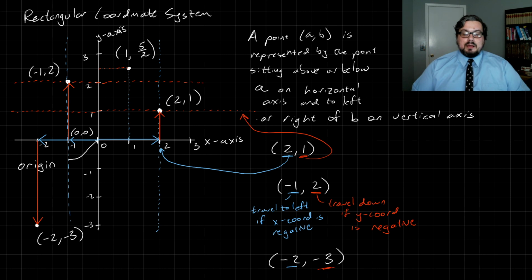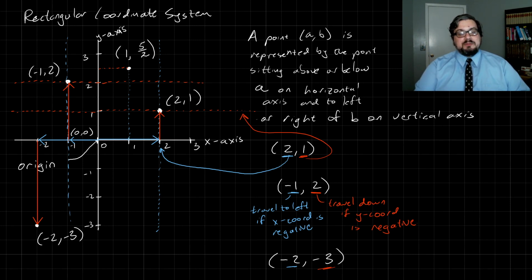Now, it's very important to remember that the coordinates of a point have an order that matters. The first coordinate is always telling you about the horizontal position of your point. The second coordinate is always telling you about the vertical position of your point. And if you switch the order of those two, you get something different.